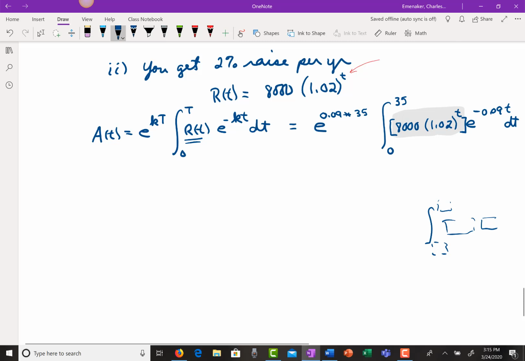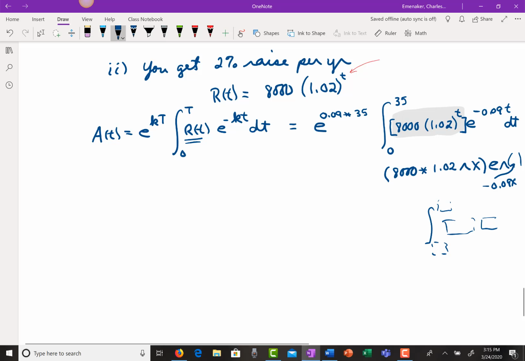Now, what this would look like in your calculator would be parentheses 8,000 times 1.02 raised to the x, close parentheses. Then you're going to have your e, and make sure that this is also in parentheses.